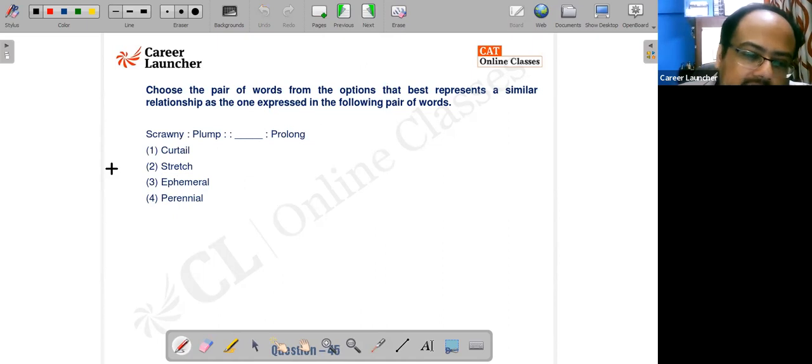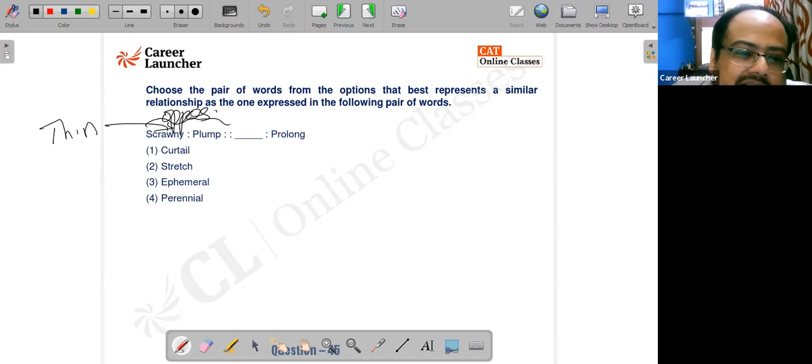Last question. Scrawny. Scrawny means thin. So scrawny and plump, these are more or less opposites. Tell me what is the answer? Parul, correct. Scrawny and plump are opposites. Thin and plump, these are opposites.